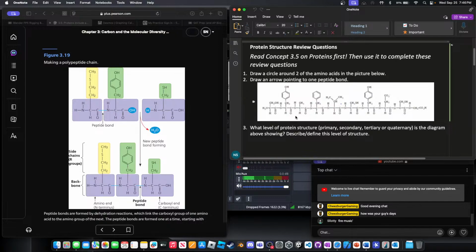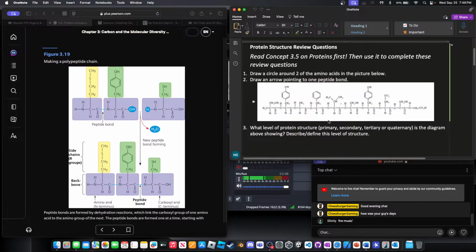Let's see. Okay, I was actually in the wrong one here. Just switched over. So it tells us to draw a circle around two of the amino acids shown in the picture below. Draw an arrow pointing to one peptide bond. I'm assuming it's going to be carbon and the nitrogen. Oh, here's a carboxyl group. I can see a carboxyl group right there.